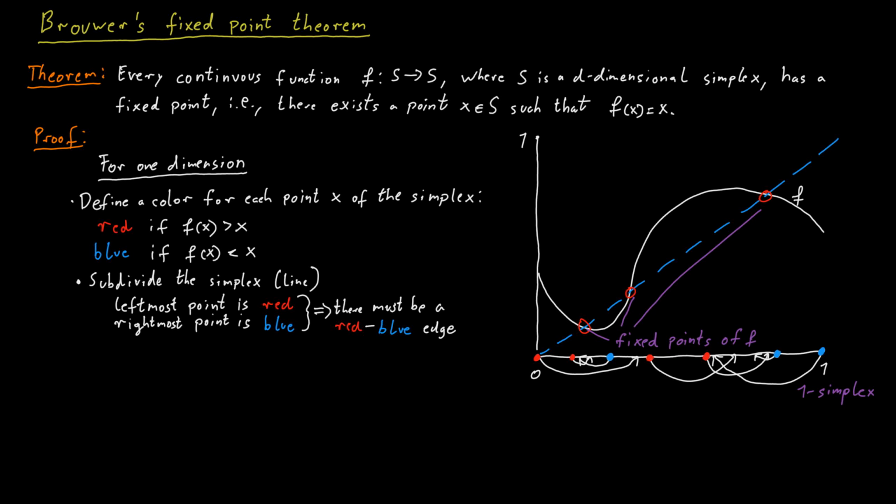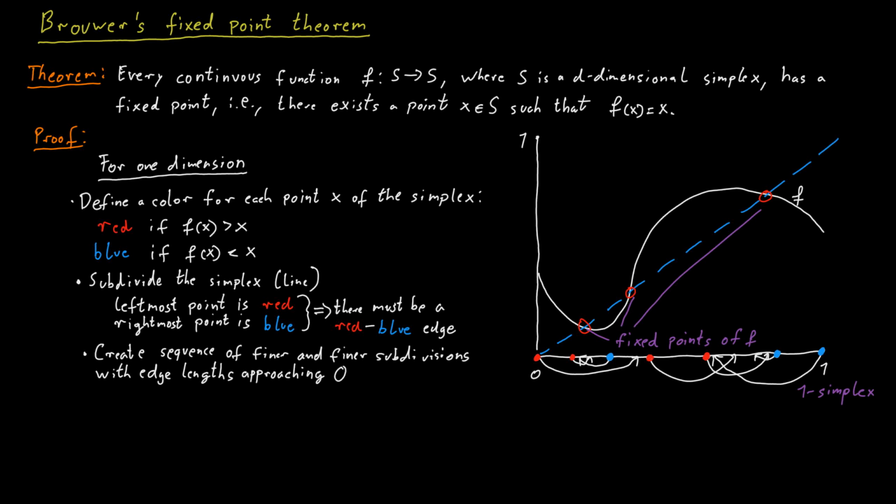Now, what we do is we make a sequence of finer and finer subdivisions of this simplex, such that the length of the edges gets smaller and smaller, and in the limit approaches 0. Okay, so we add more and more intermediate points here.